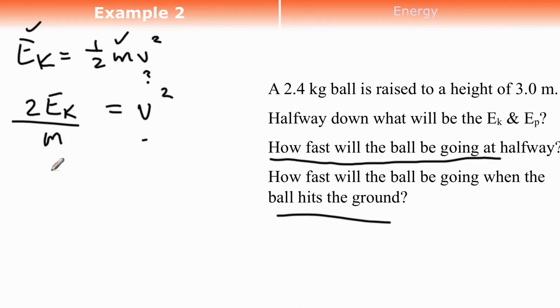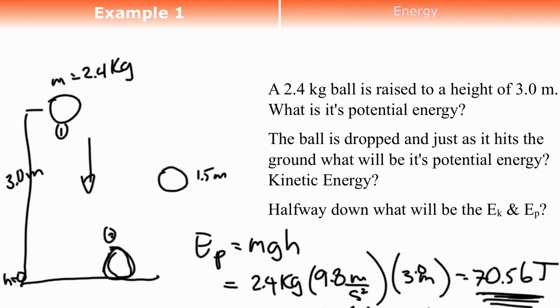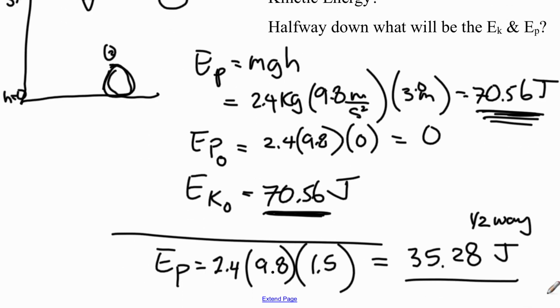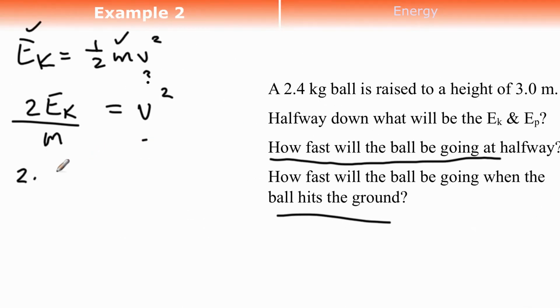So we'll solve for v. 2 times the kinetic energy, what was that again? Kinetic energy halfway down is 35.28. So 2 times 35.28 divided by the mass of the object, 2.4, is equal to v squared.